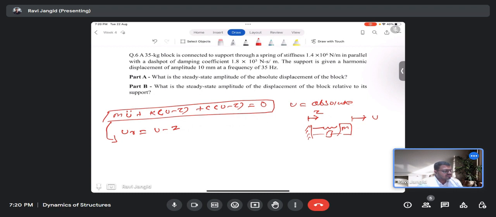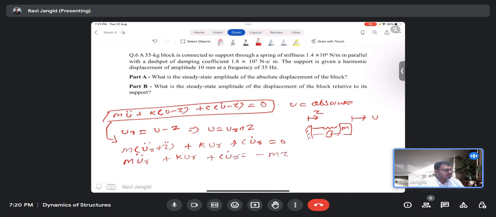Now I will convert this equation into the relative. I replace u with ur plus z. So m into ur plus z double dot, plus k into ur, plus c into ur dot, is equal to 0. So m ur double dot plus k ur plus c ur dot becomes minus m z double dot.